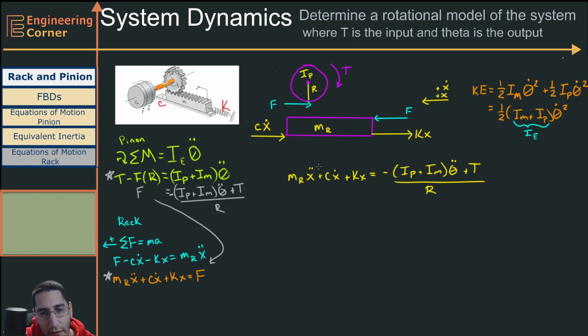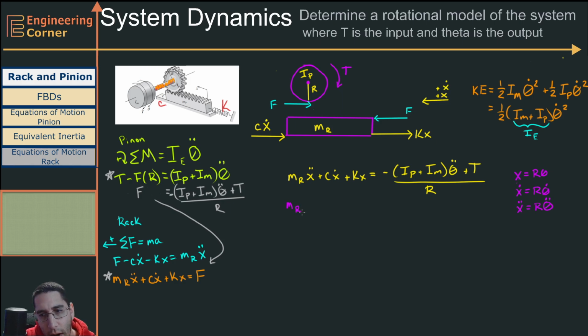But you'll notice that right here, this is in terms of x. Well, we can handle that because we know if x is equal to r theta, then x dot, my velocity, is equal to r theta dot, and my acceleration, x double dot, is equal to r theta double dot. So we can just substitute these in. I'll do that right now.